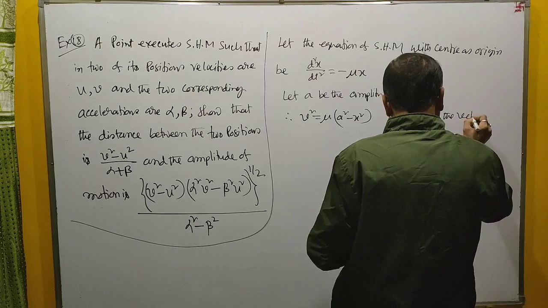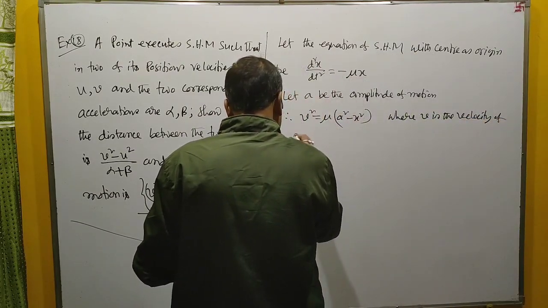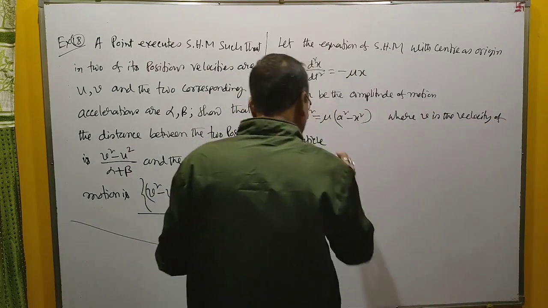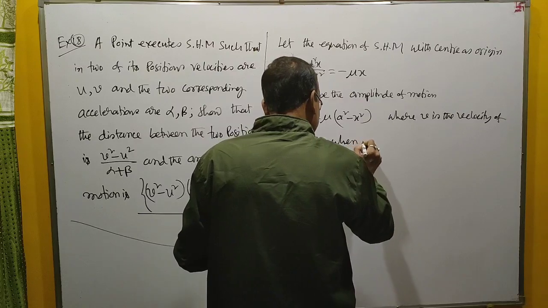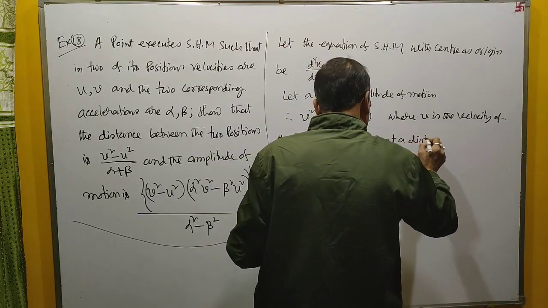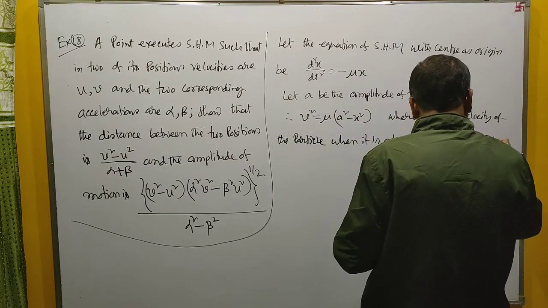Where v is the velocity of the particle when it is at a distance x from the center of force.